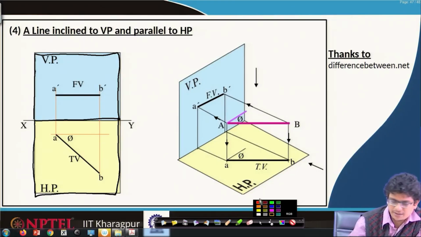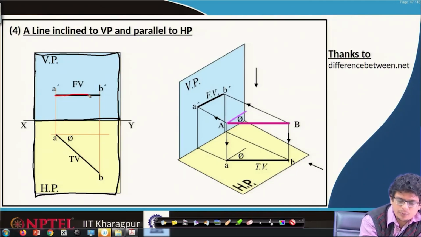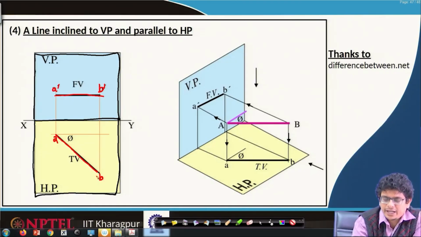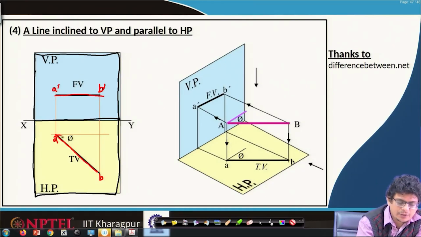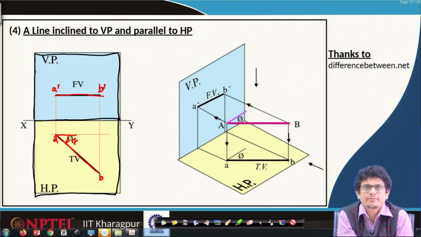In that, the A prime B prime is smaller than AB, whereas AB is the true length, giving us complete information on AB. And in most of the drawing sheets, you will see with respect to horizontal what is the angle it is making.